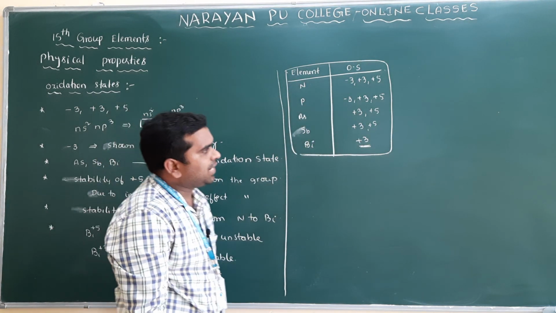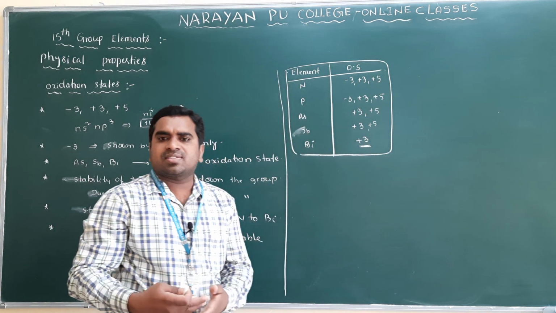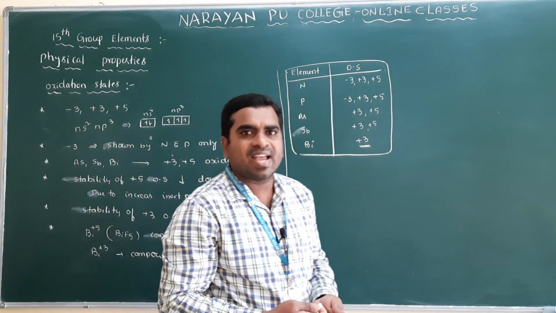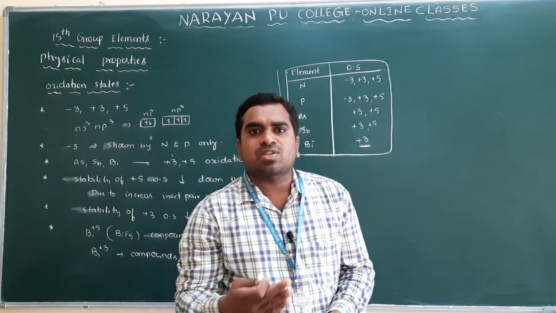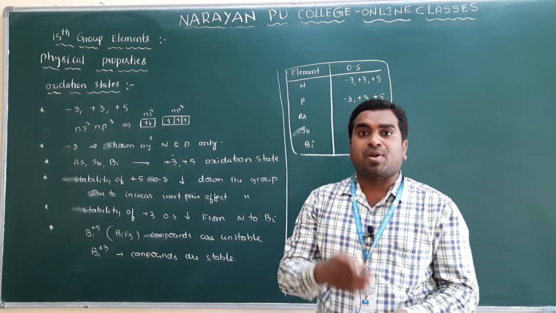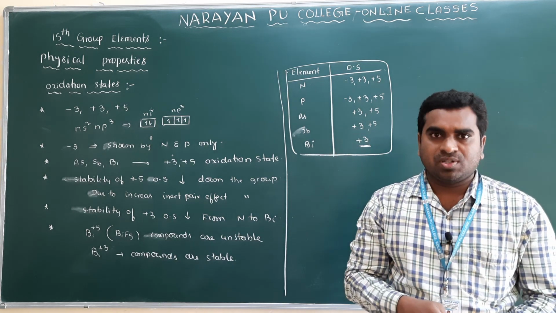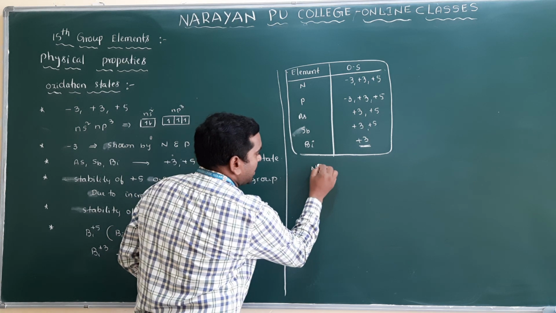But if you see, nitrogen shows various oxidation states. Clear, because of its small size and high electronegativity, nitrogen shows various oxidation states, that is from -3 to +5 in various compounds.